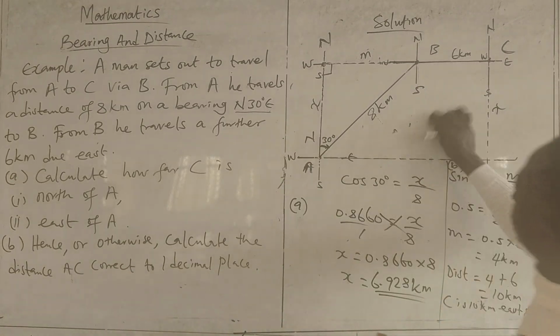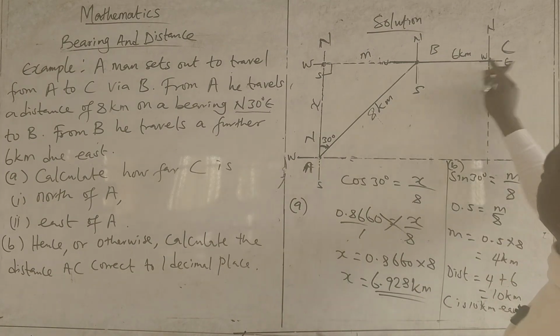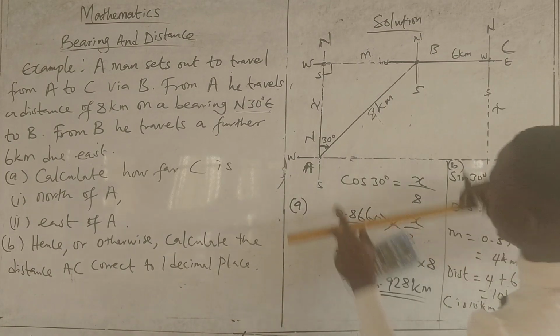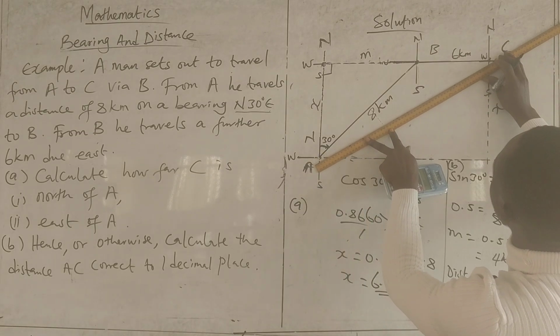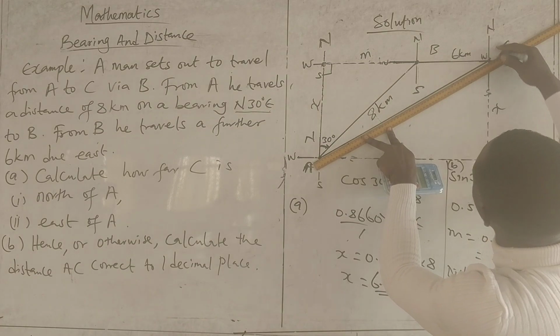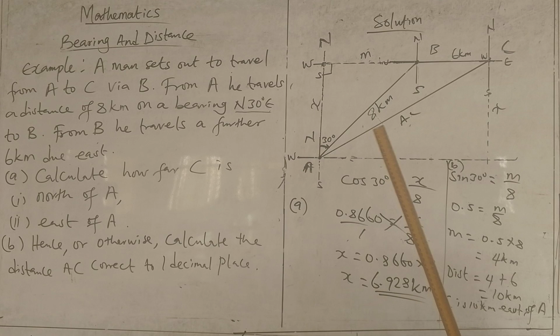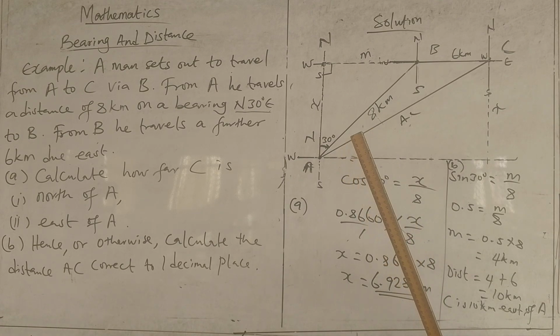Distance AC correct to 1 decimal place. Where is A? Here. Where is C? Here. So this long distance, we have to join the 2 points together to get that distance. So this is AC. I think we can use Pythagoras theorem.